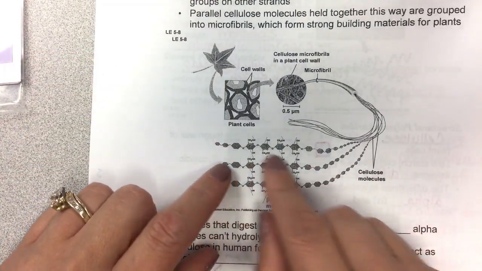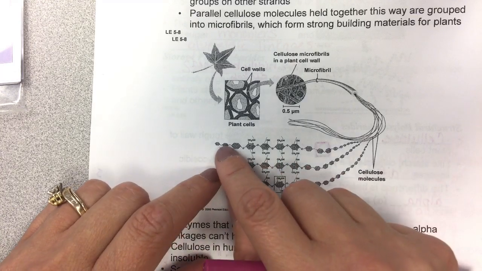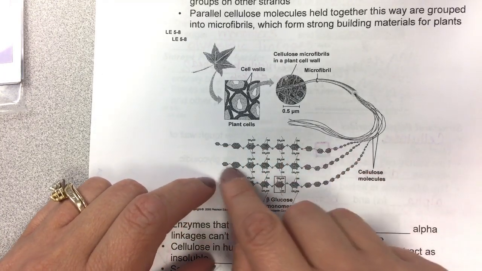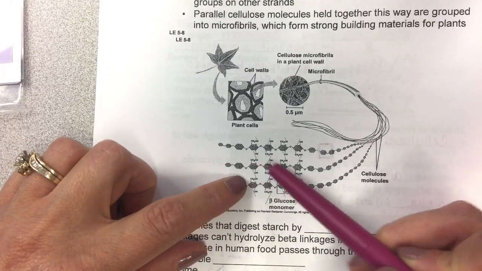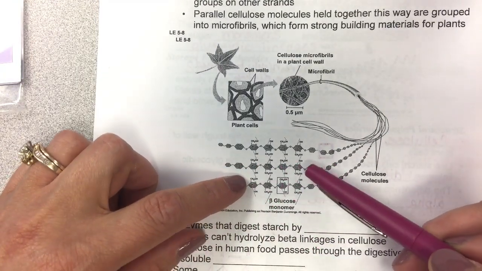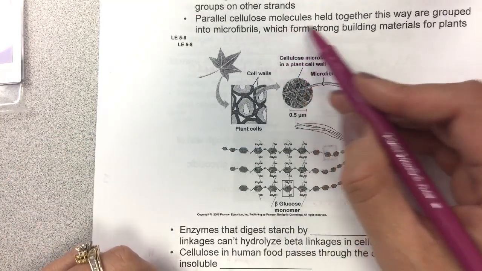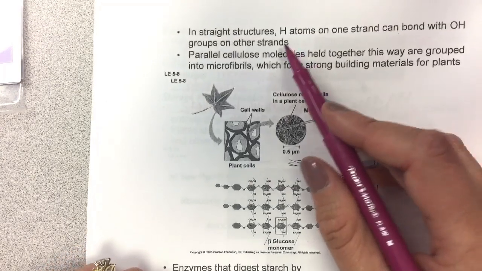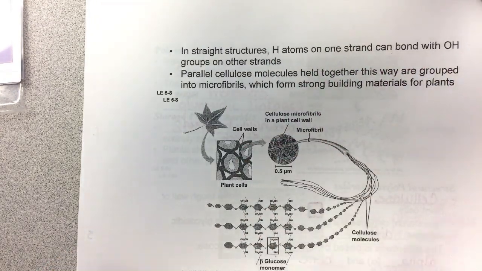So you have, this is one, so it says here cellulose molecules. So this is one chain of beta glucose molecules, another chain, and we see that alternating up, down, up, down, up, down of the oxygen there. So these are different chains. These guys bond, so they're held together. It says here the hydrogens on one strand can bond with OH groups on another strand.